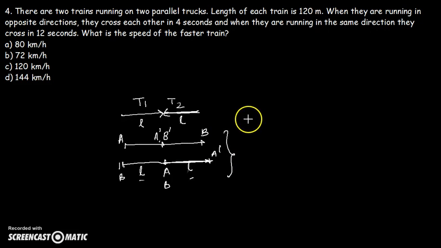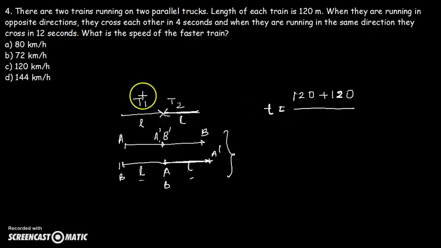Essentially what I meant to say here is when they are moving in the opposite direction, the total distance covered is 120 plus 120. Thus time taken will be 120 plus 120 divided by the speed. The speeds here are not given. If you assume the speeds to be S1 and S2 and both of them are moving, you will have to take their relative speed.